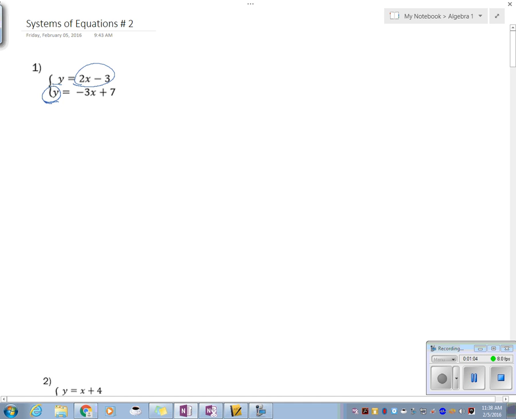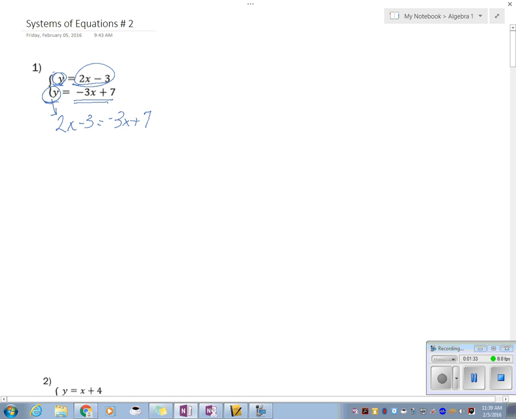So 2x minus 3, that's y, isn't it? Equals negative 3x plus 7. Y equals this. So in this equation, I'm going to replace y with that value. Okay? Now I have only x's.